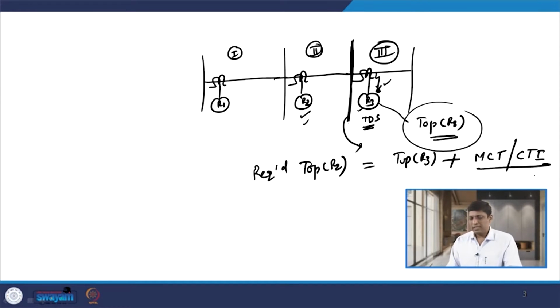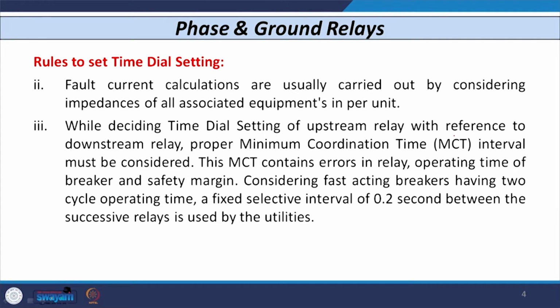Now, this MCT depends on many parameters. It depends, for example, on the errors in the CT, the errors in the relay, plus some safety margin. If we consider all these things, then the minimum coordination time interval can be considered in the range of 0.2 to 0.3 second.